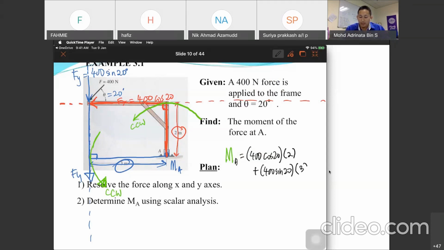You can get your MA. Remember to write here that counterclockwise is the positive direction. It is important to know that counterclockwise is positive.